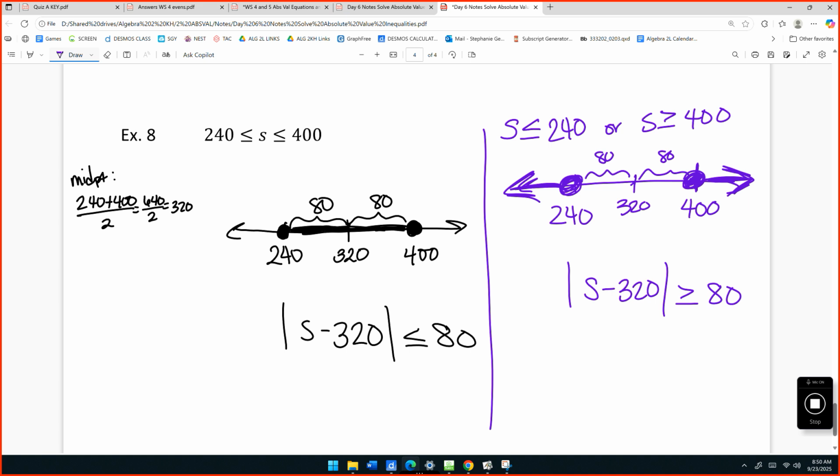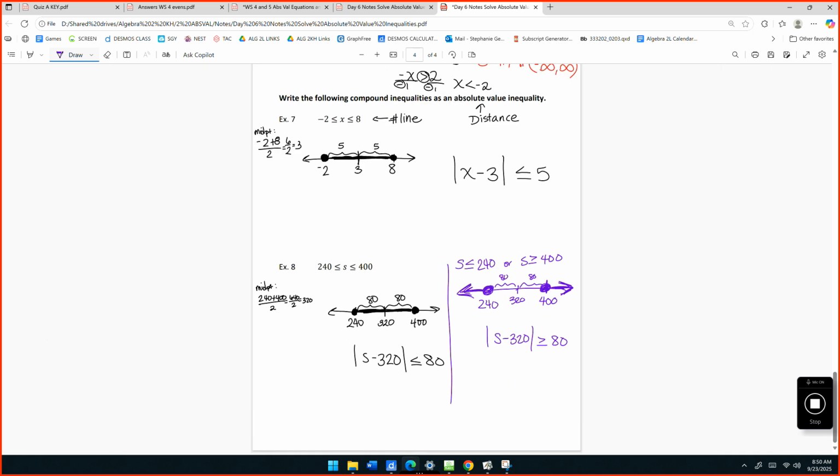But normally in these situations, they're word problems, and it would be less than, because it's like a margin of error situation. Okie dokie. Stop.